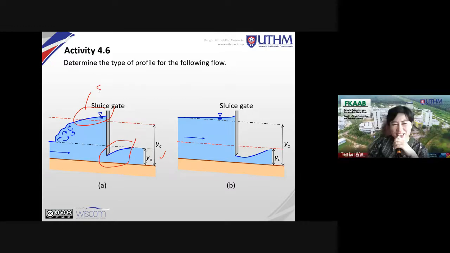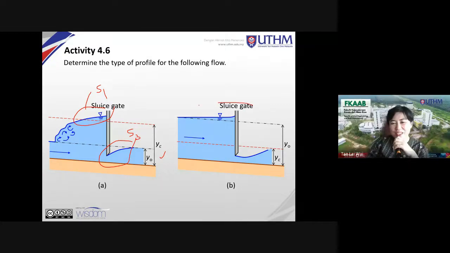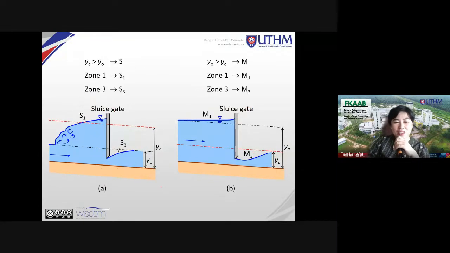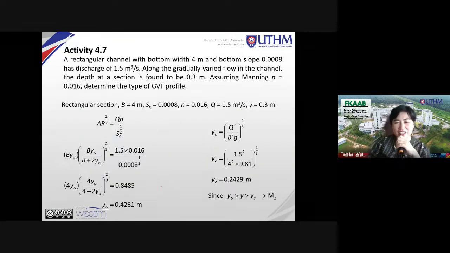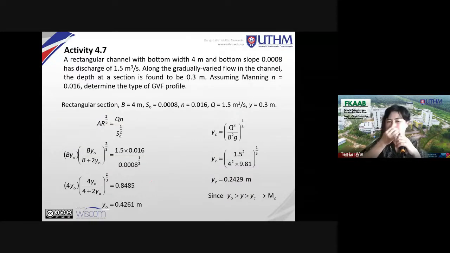S1. Yes? This one? S3. Okay, thank you. Same thing lah here also. Is it same thing? M1, M3. Correct. It's M1, M3, because these are different. Okay, these are the answer for earlier activity.